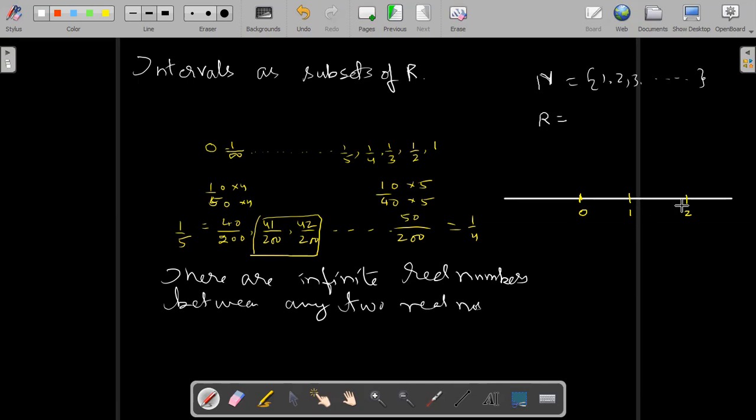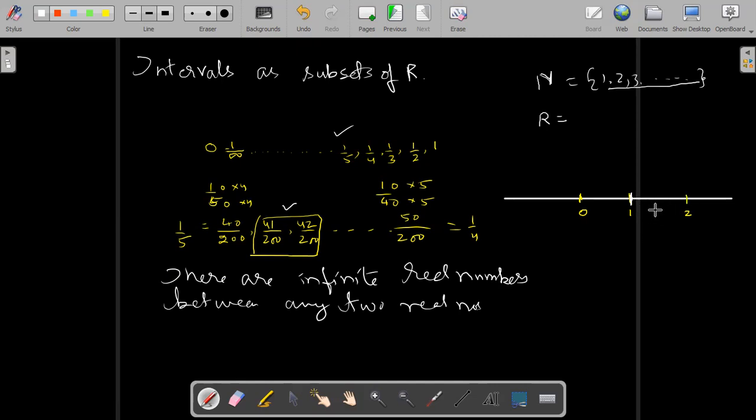I told you I took 1 by 2, then I wrote between 1 by 5. I can write between these two and so on. There is no limit. If we don't know where the numbers are, we cannot point them out. Here 1, 2, 3, 4, we can find out. Yes, this is 1, this is 2. But if we have to write the numbers between 1 and 2, we cannot write them exactly. We can say the range.